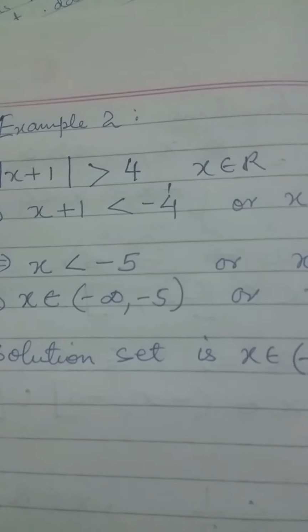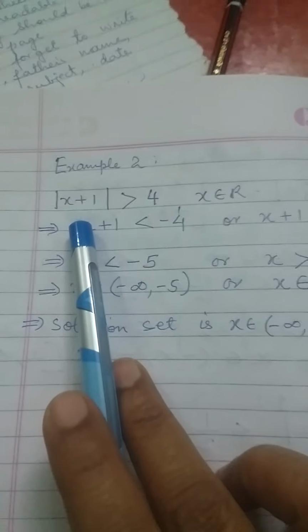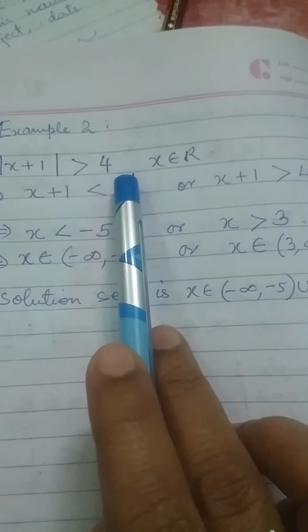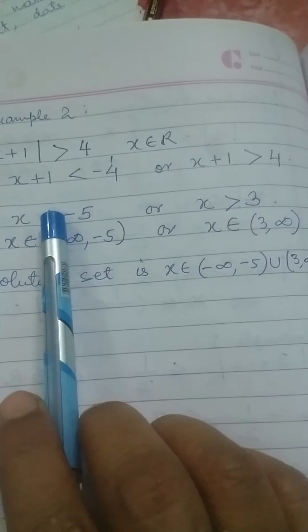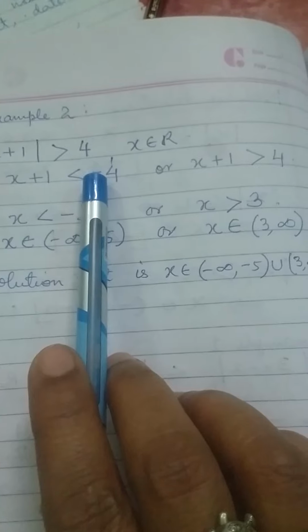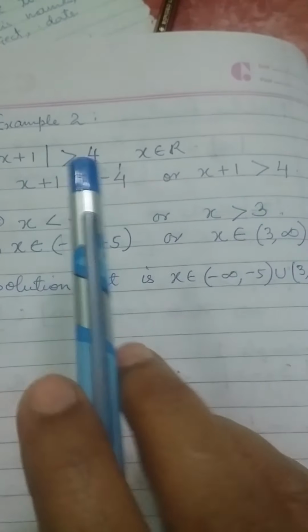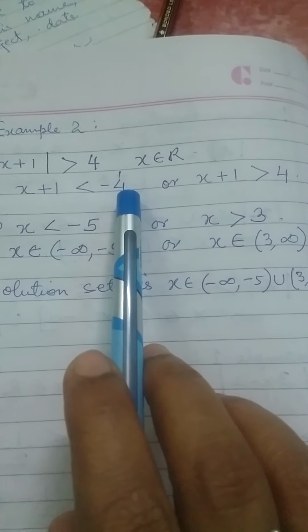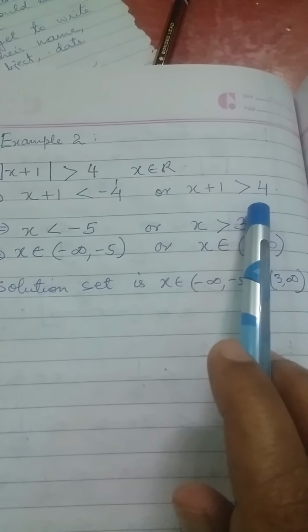Now we will come to example 2, dealing with the greater than sign. Example 2: mod of x plus 1 greater than 4 for x belonging to R. For greater than, if you remember, there were two cases: less than minus a and greater than a. So here I have taken x plus 1 less than minus 4, and x plus 1 greater than 4.